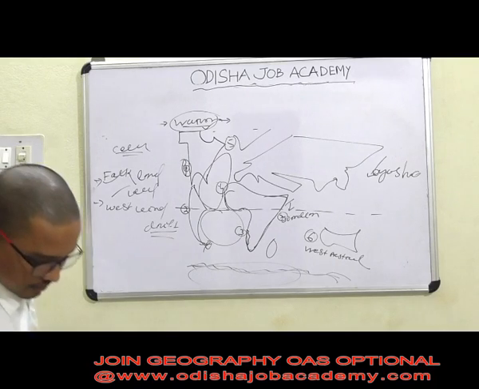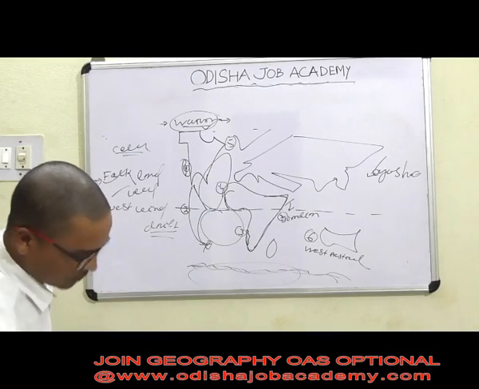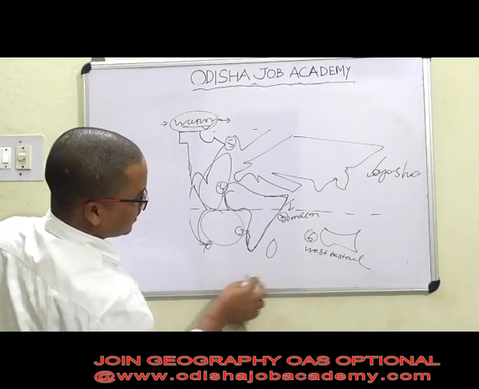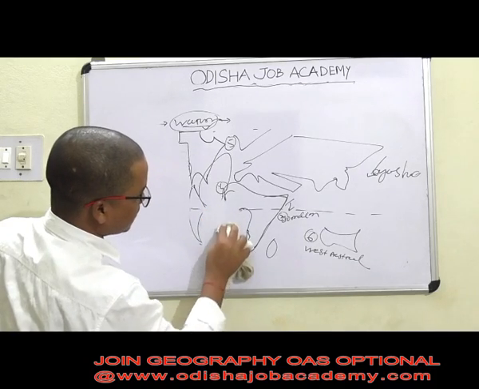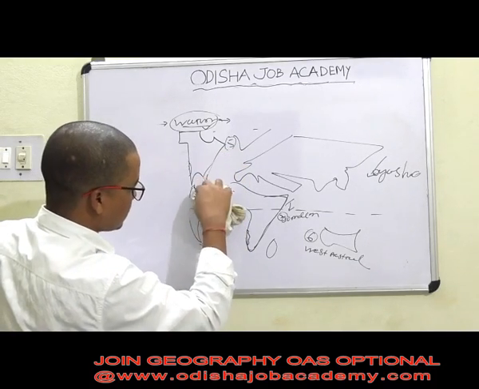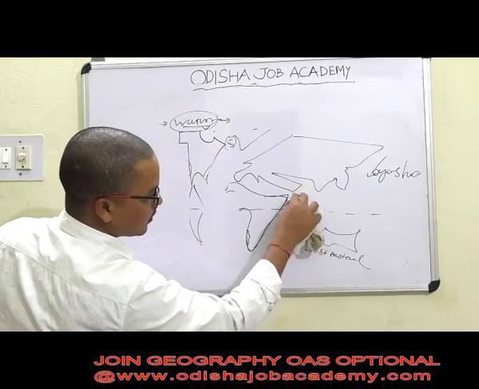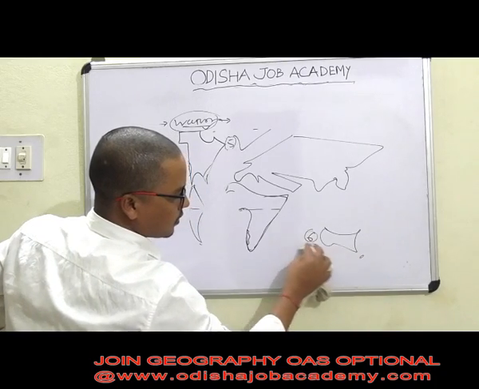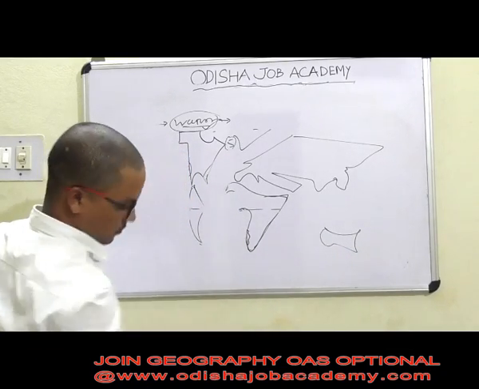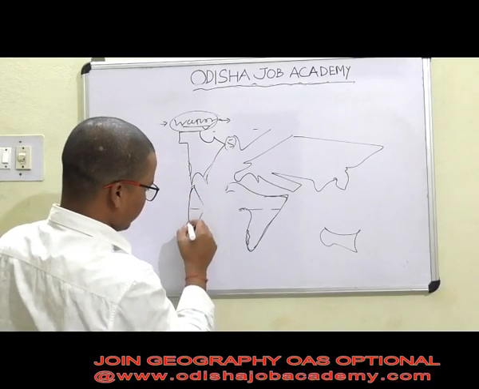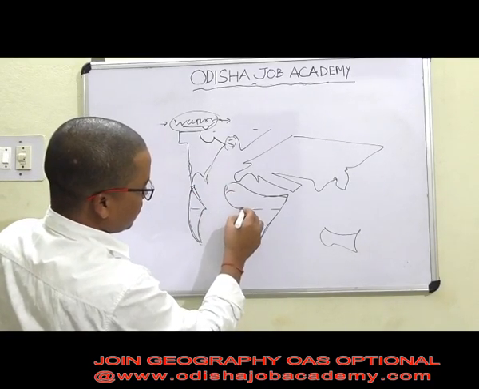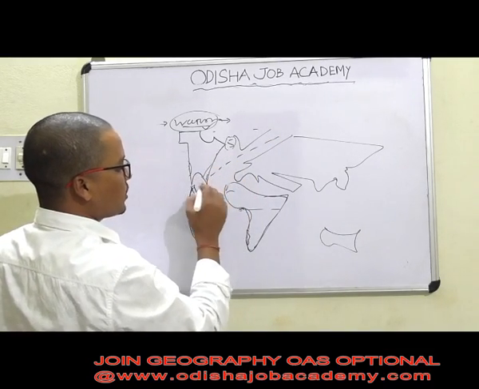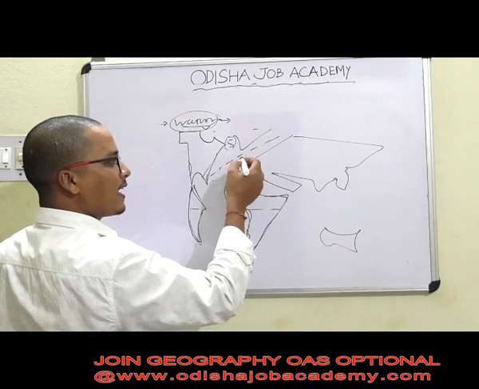Now comes the warm currents. Now we will see some of the warm currents. The first warm current, as we saw in the answer, is the North Atlantic Drift.